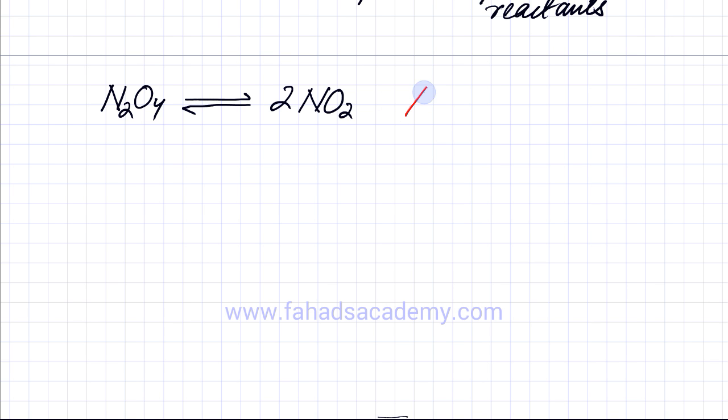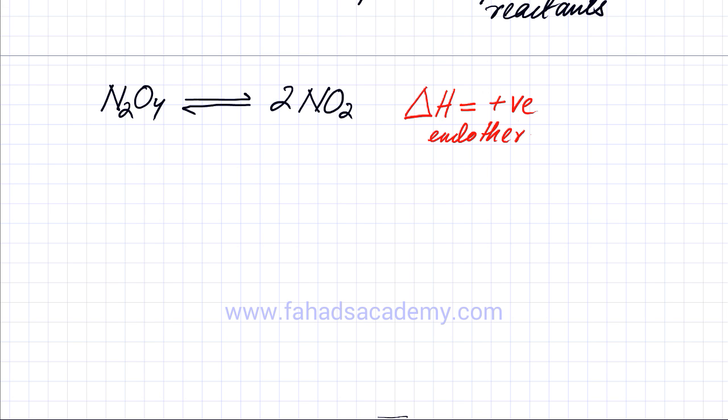Now we'll do another example, and in this example we have N2O4, and this N2O4 is decomposing, and it's a reversible reaction. It can occur in both directions to produce two molecules of NO2. Now what's given is that the enthalpy of this reaction is positive, so the forward reaction is endothermic.